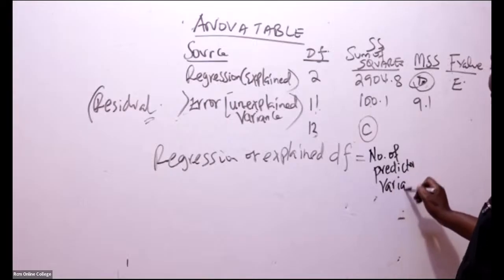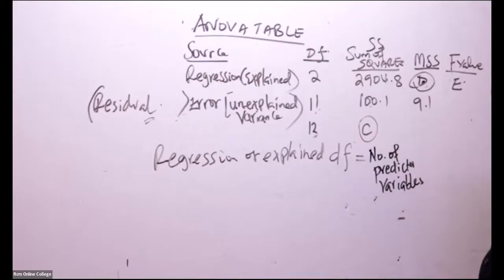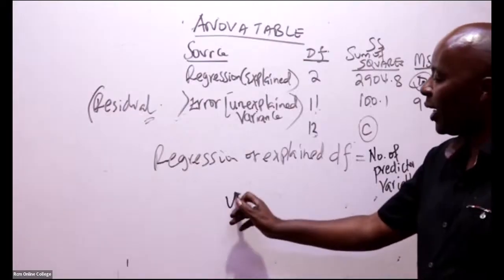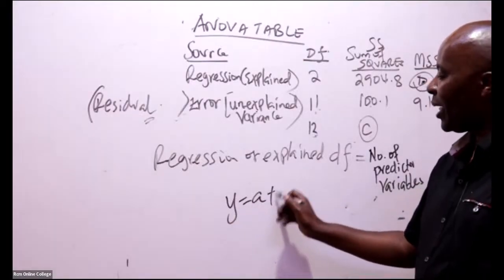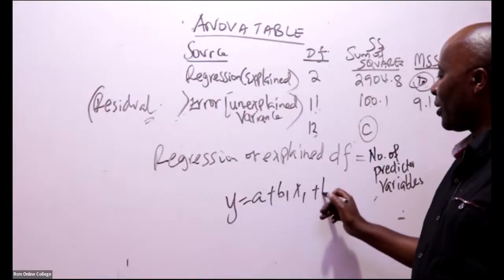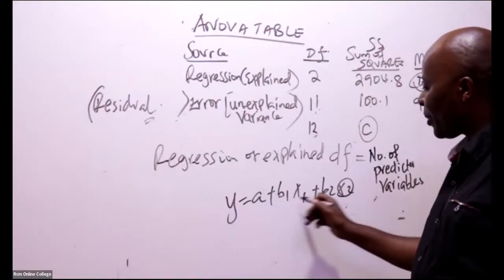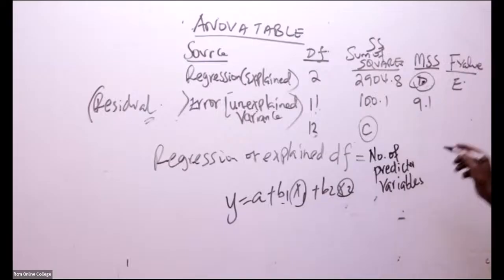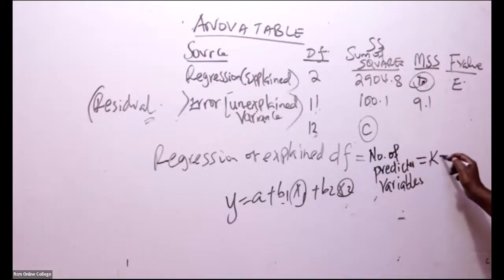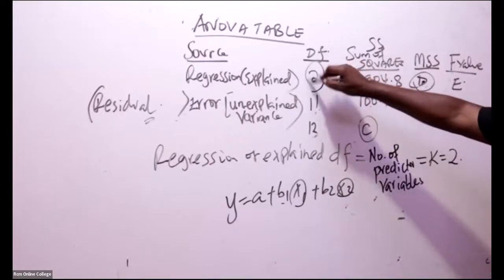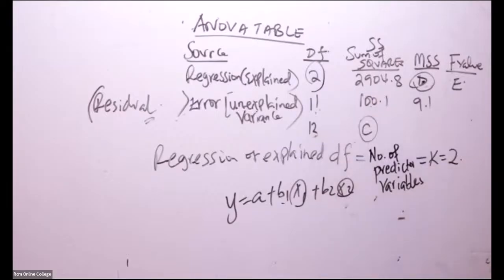Remember we had y equals a plus b1 x1 plus b2 x2. These are the predictors. There are only 2, which is equal to k, which in this case equals 2. Thank you very much, Tom, for bringing that up. And I believe now we are okay.